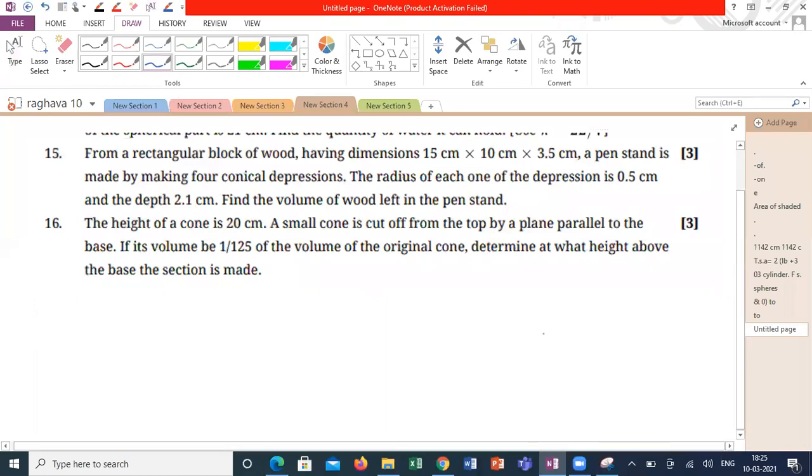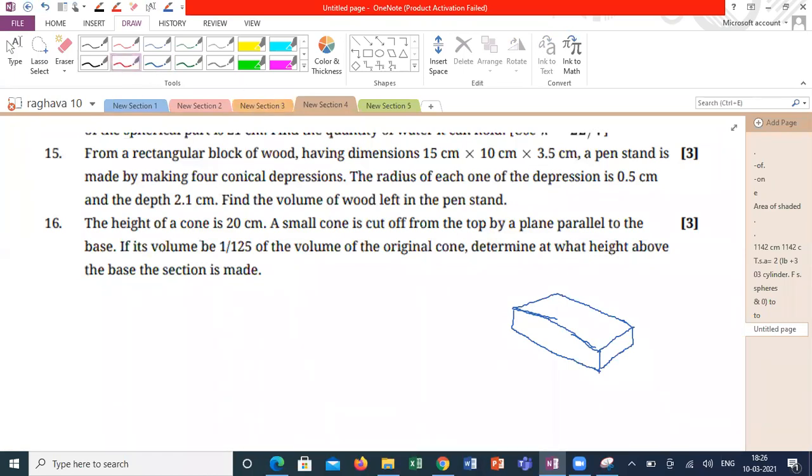Yes, sir. This will be like this. So there are the 4 conical depressions.